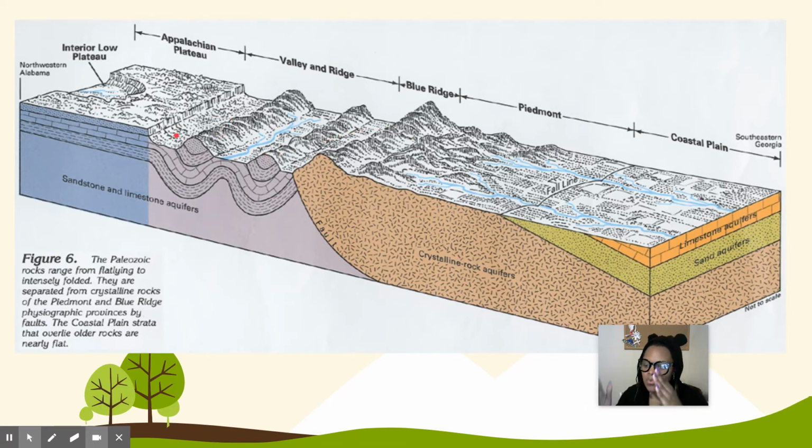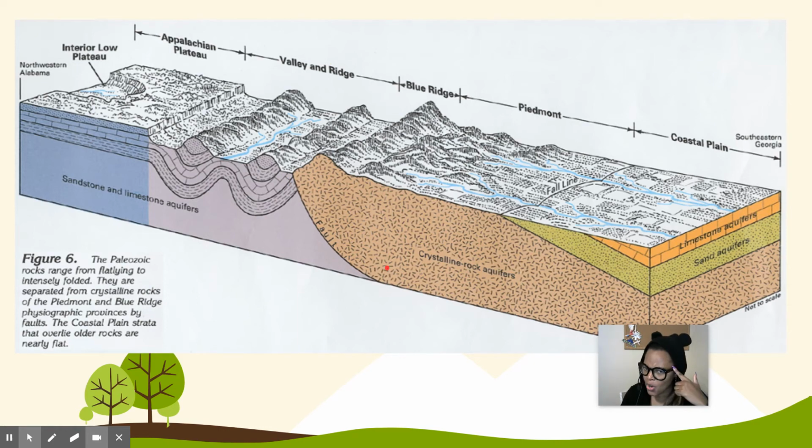Now remember we said they run parallel, right? Well, look at that. 2 straight lines with a valley in the middle. This is weird. But there's your valley and ridge right there. And remember, we said when they meet, they go upward. So when these 2 met, they went upward.